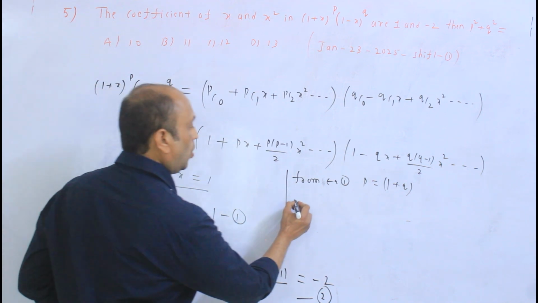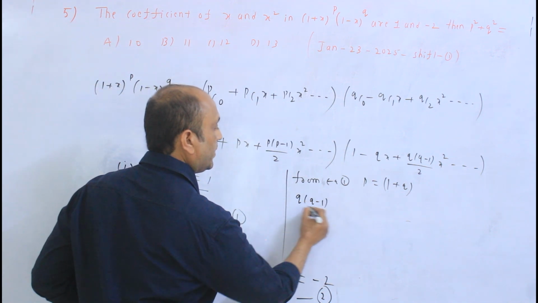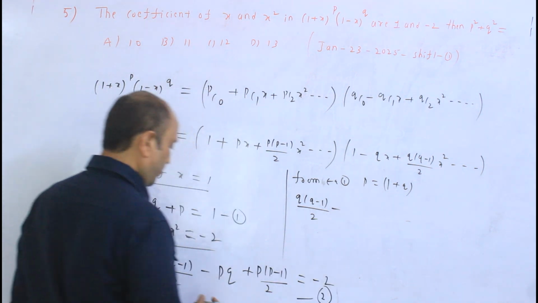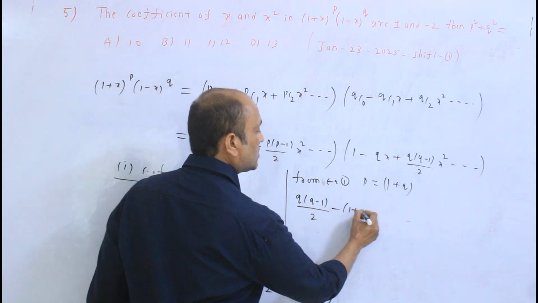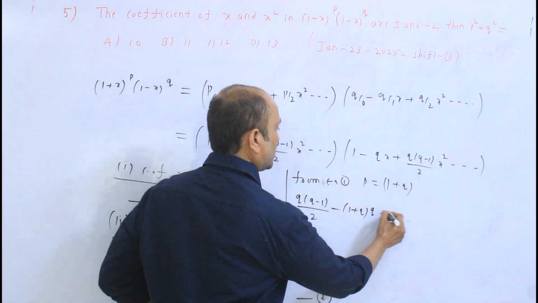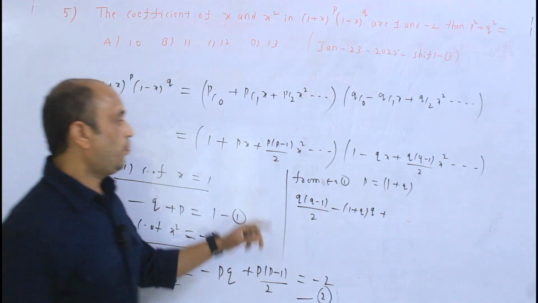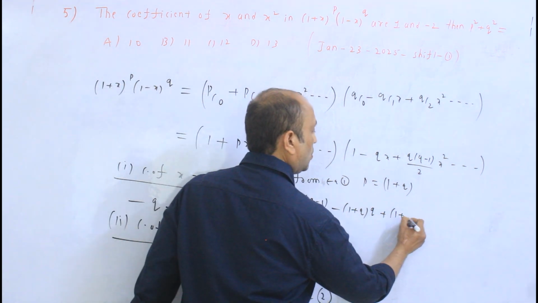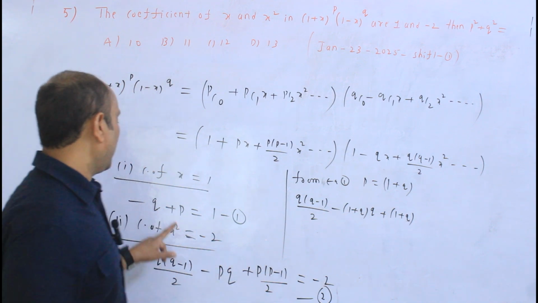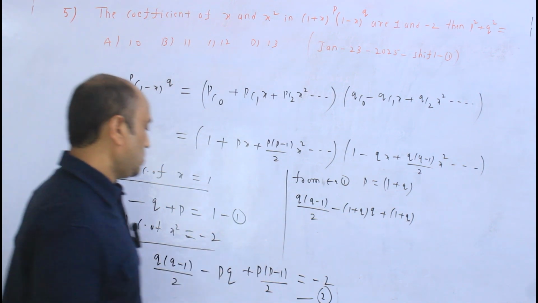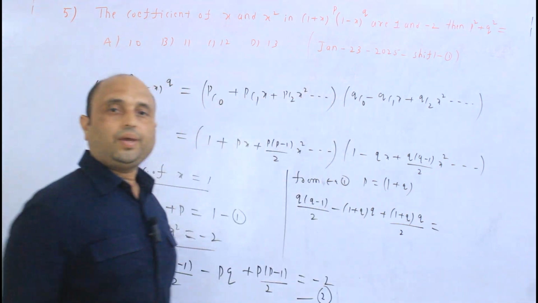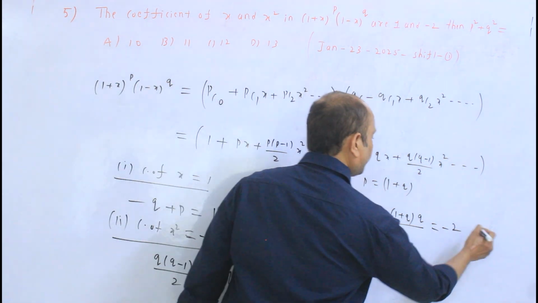Here, q into q minus 1 by 2 minus p into pq, that is 1 plus q, where p is equal to 1 plus q, or q plus 1. So p minus 1 is equal to q, and the whole expression equals minus 2.